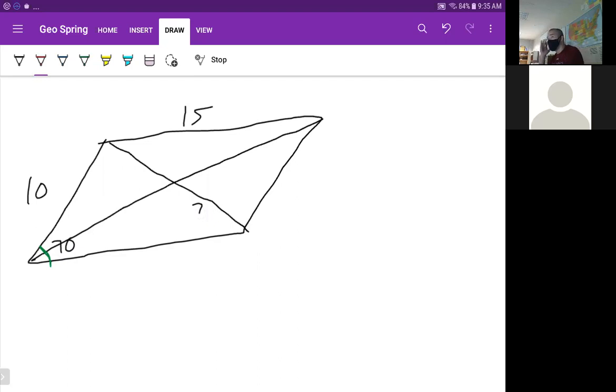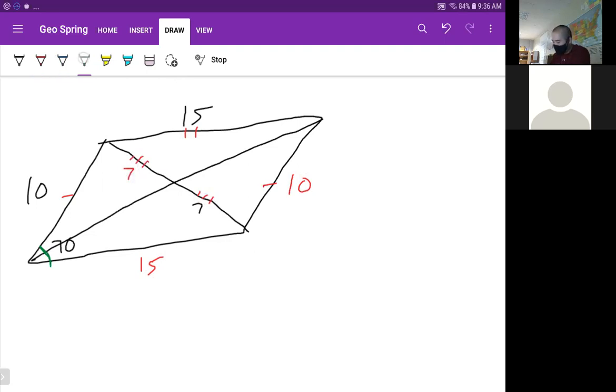Your assignment will give you a picture and some information, something like this. So this is 10, this is also 10. That's 15, this is also 15. This one is 7, this one is also 7.